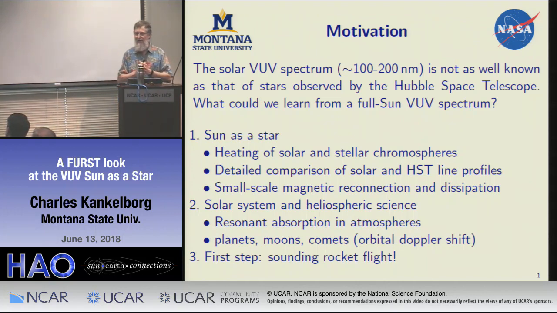And in fact, even if you don't have a Doppler shift problem, even if you're just looking at Jupiter or something, the width of that line on the sun matters, because if it's really broad, then there's less of it in that narrow absorption core in the planetary atmosphere. So there's a lot that we can learn from this.